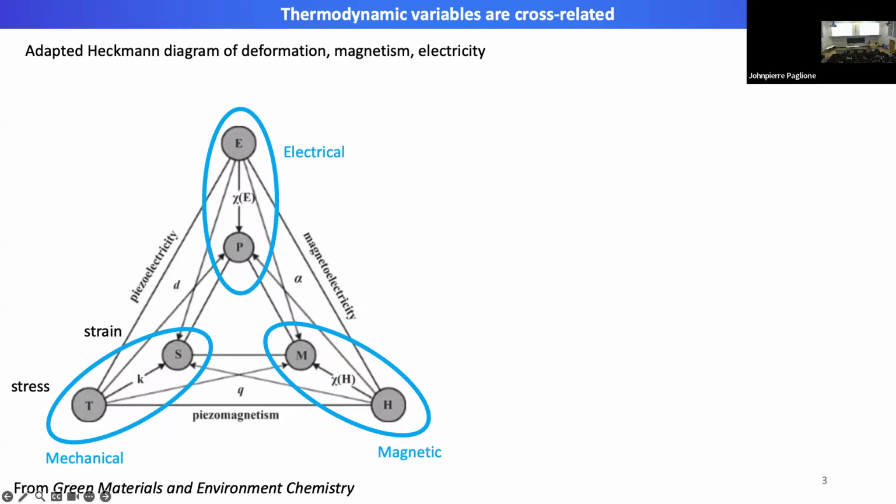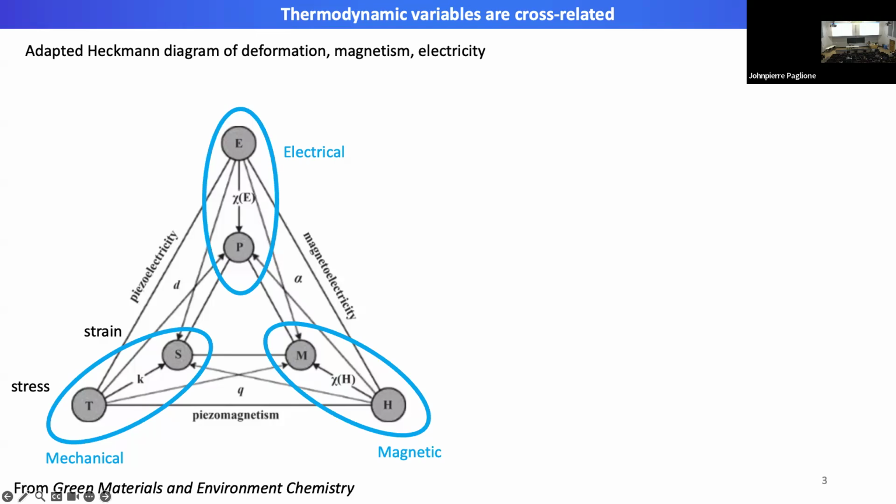Within each of those sectors, we can define a susceptibility or elastic constant within each of these circles. But perhaps what's more interesting is the cross correlation between the seemingly independent properties of materials.